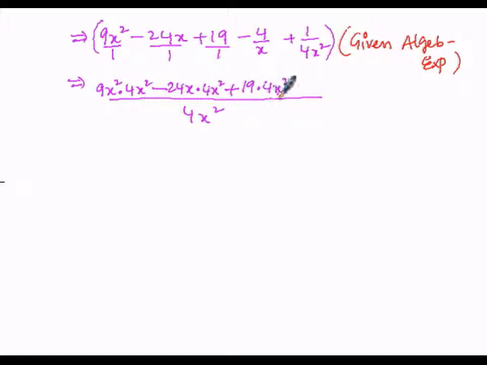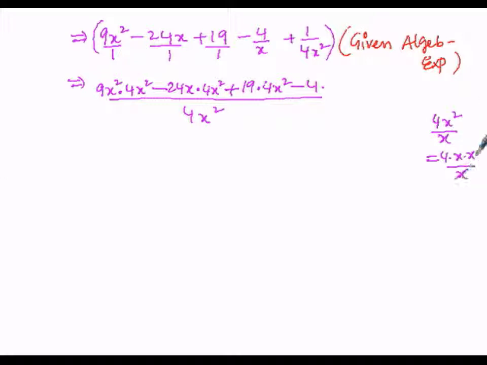1 into 4x square is 4x square, minus numerator 4 is written as it is, into x number of times. So here we have to divide the LCM by this x. So 4x square divided by this x will give us the quotient, that is 4 into x square can be written as x into x, divided by x.